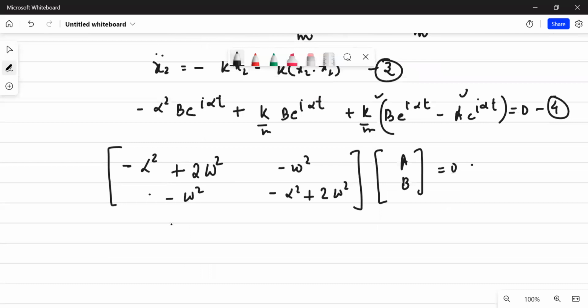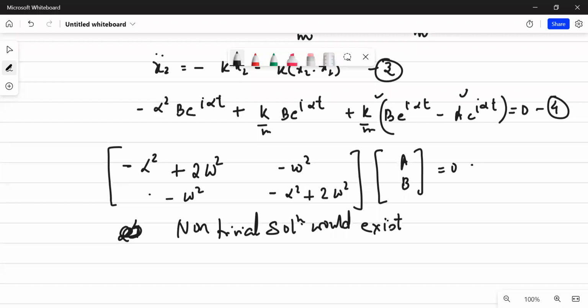Okay, so if I solve this particular differential equation, I know that a non-trivial solution will exist if this determinant is 0. So let's say, let me write this as f. So if this determinant is 0, then it implies that there would be a non-trivial solution.